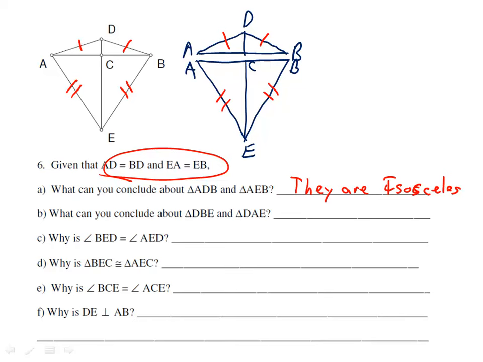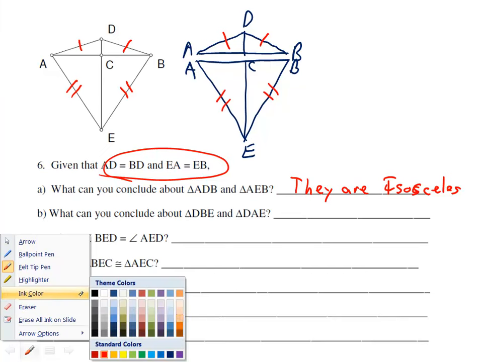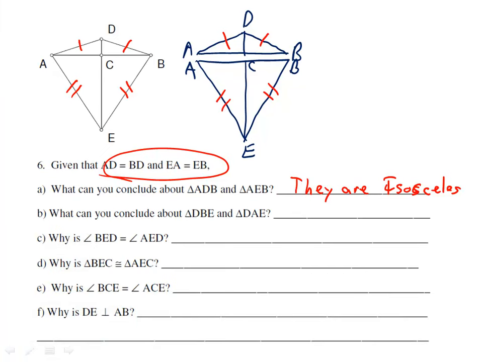Okay, and then they ask, what can you conclude about triangle DBE and triangle DAE? Alright, now I probably don't really need to sketch this again, but let's sketch what we've got here.